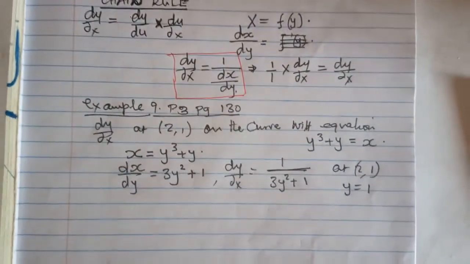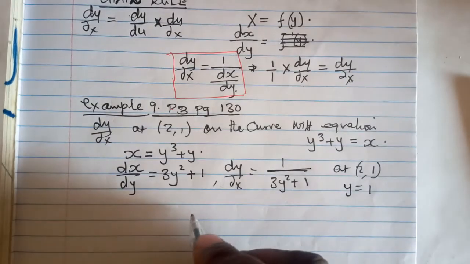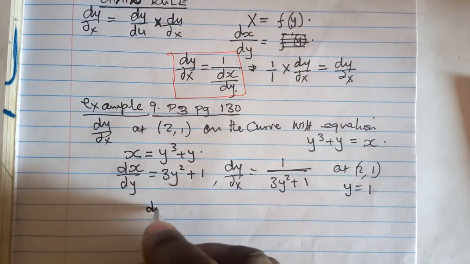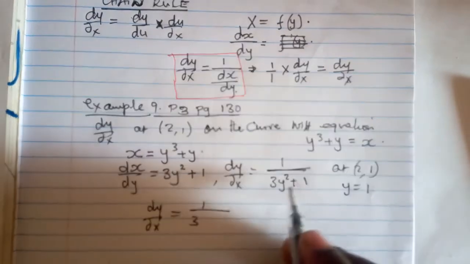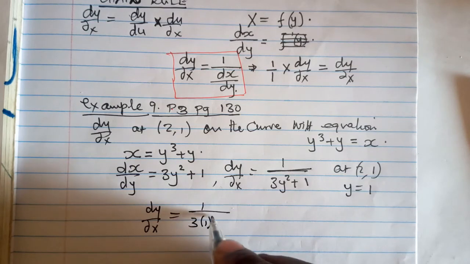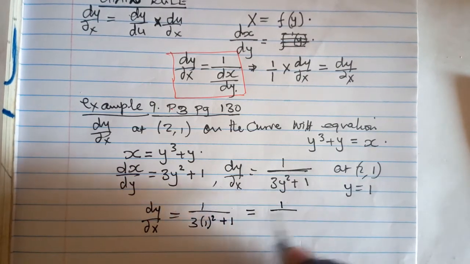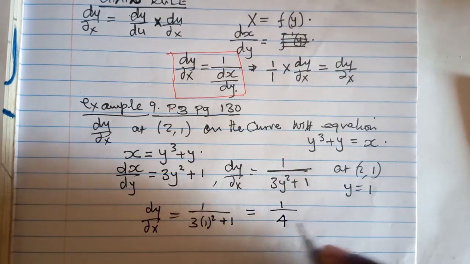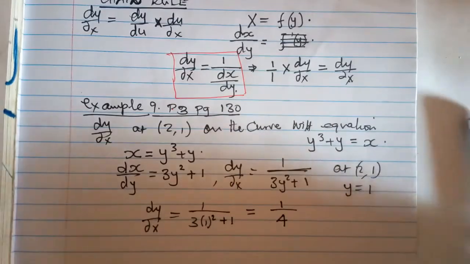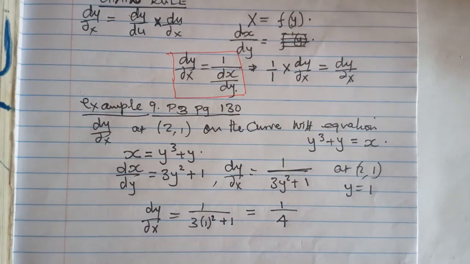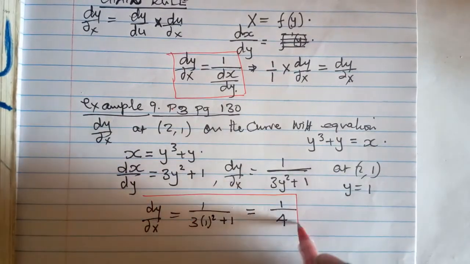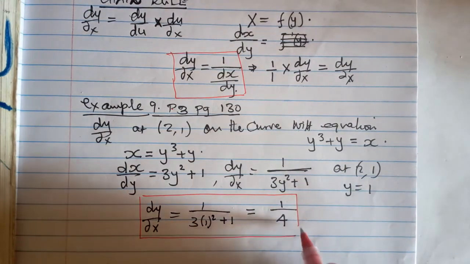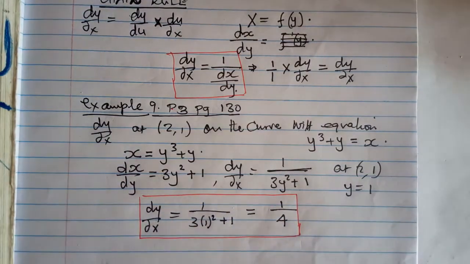So if we substitute y equals 1, then it follows that dy/dx is 1 over 3 times 1 squared plus 1, which is easily 1 over 3 plus 1, which is a quarter. And that is just like what we have been able to express. dy/dx equals 1 over 4, which is a quarter.